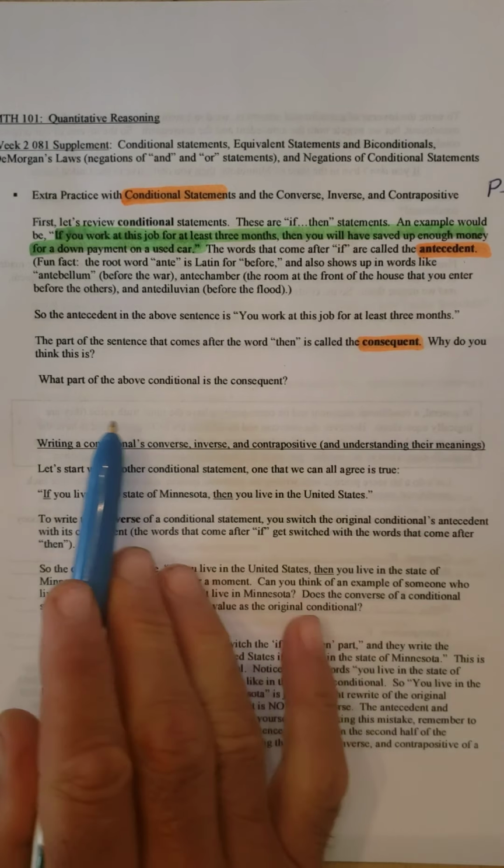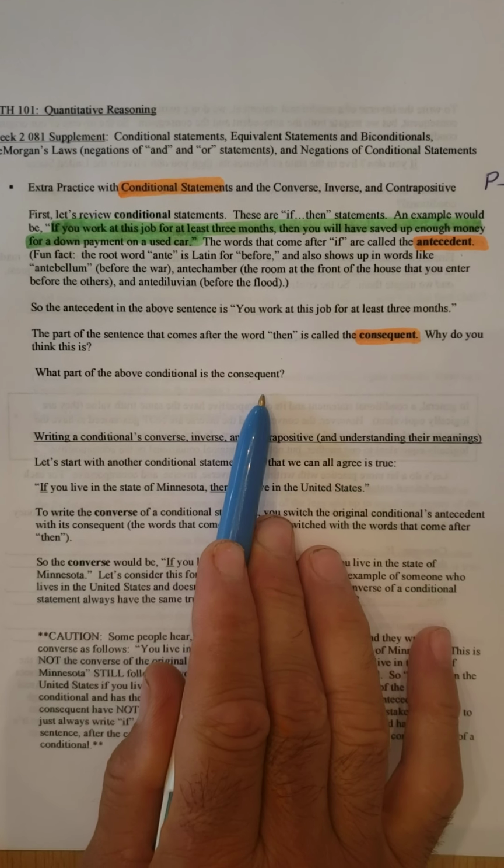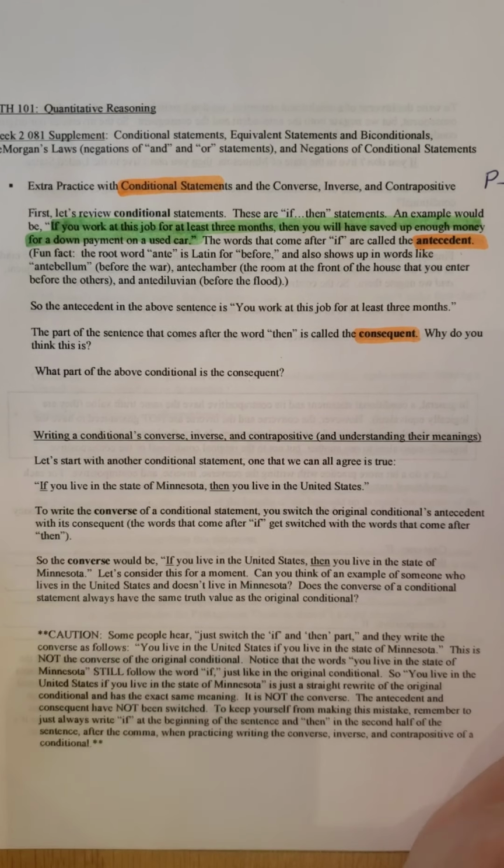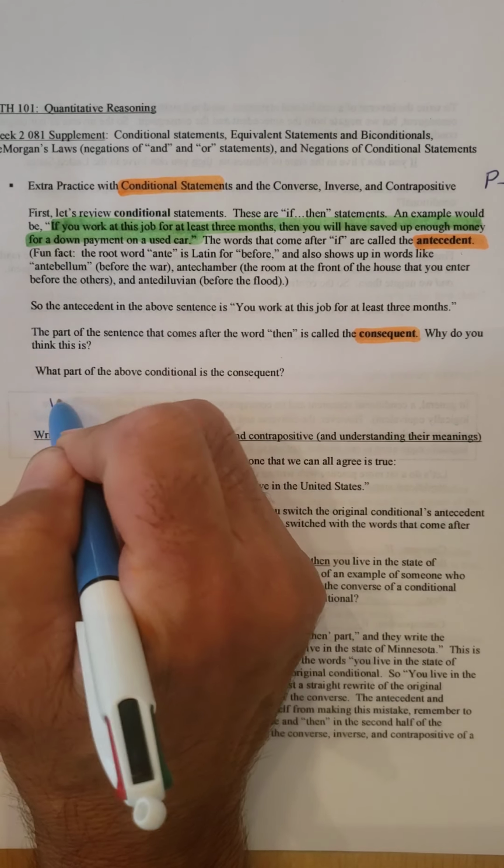Okay. So what part of the above conditional is the consequent? Well, that's the part that comes after the then. So you will have saved enough money for a down payment.